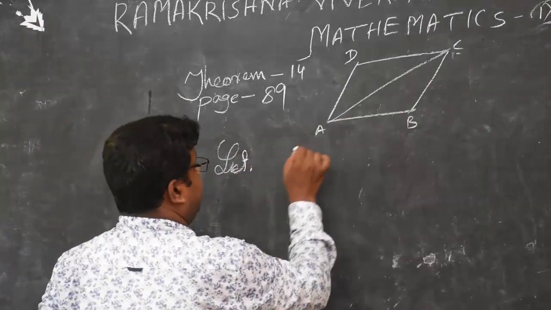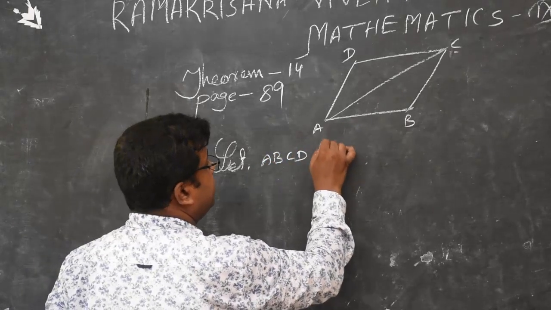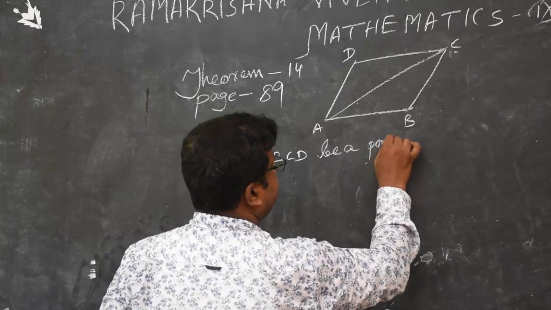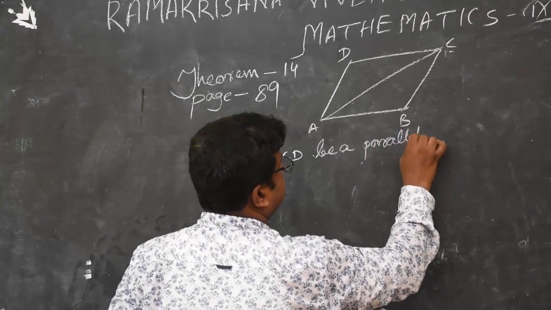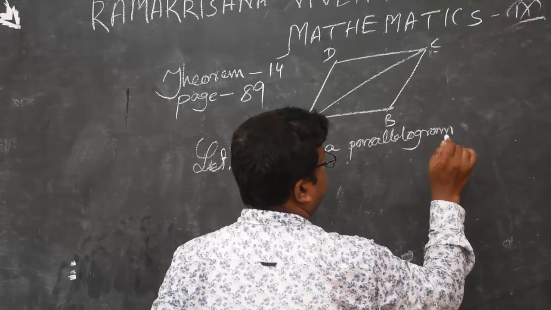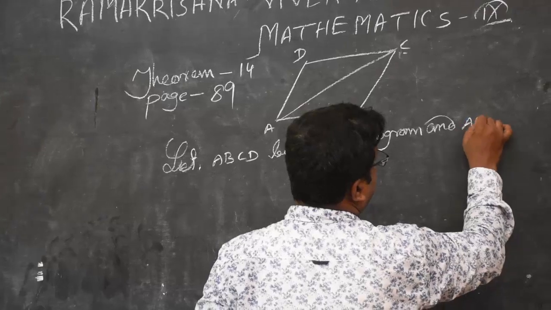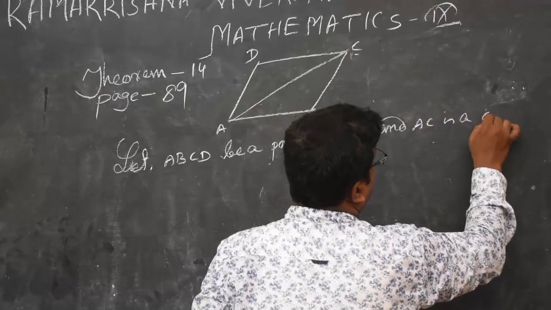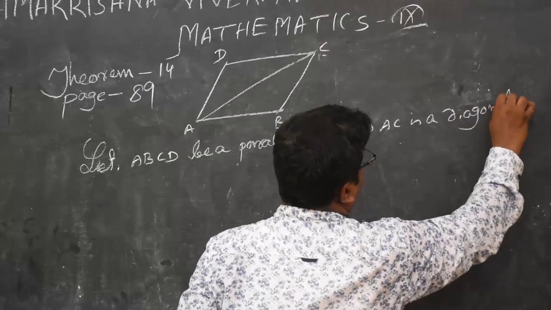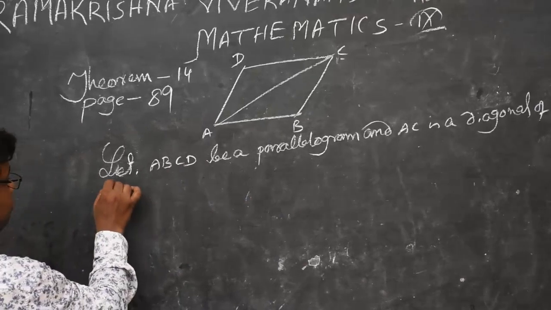Let ABCD be a parallelogram and AC is a diagonal of the parallelogram.